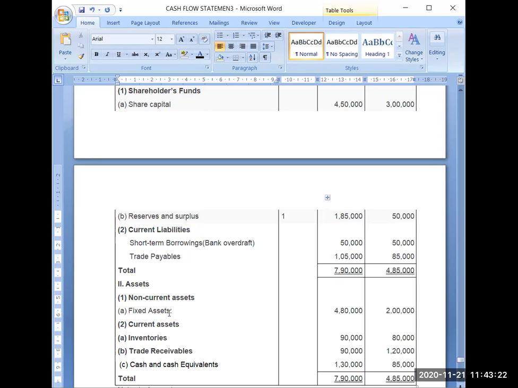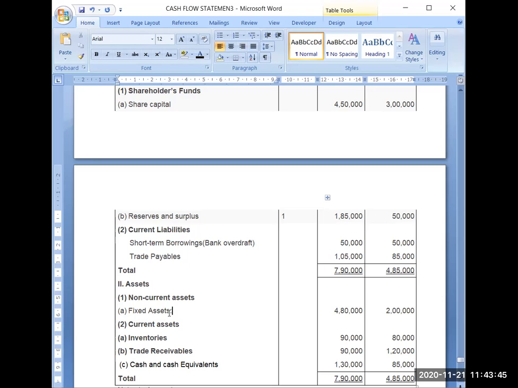This is the way to decide what I am having in the question and what I am not having in the question. But you should be knowing these things. Only then you will be able to do that. Otherwise, you will always be in suspicion whether I am doing it correct or not, whether I am missing some information or not. So this is the way to be assured. So I don't have any information regarding profit on sale of fixed assets.